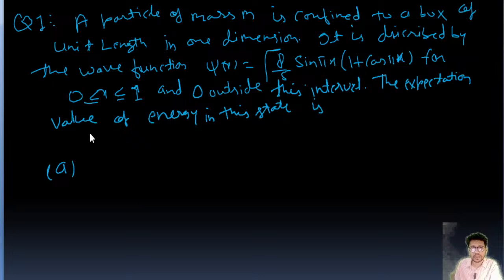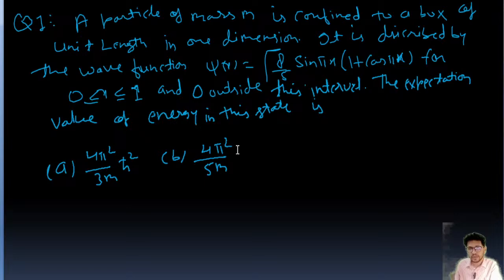So the options are: option A, 4 pi square upon 3m h cut square. Option B is 4 pi square upon 5m h cut square.